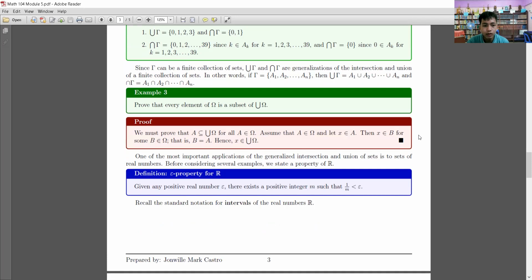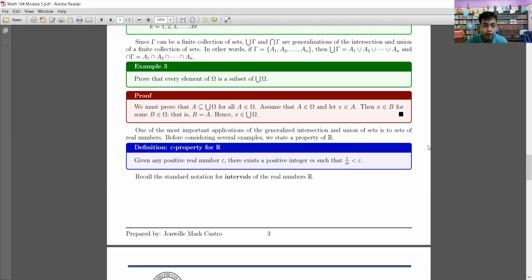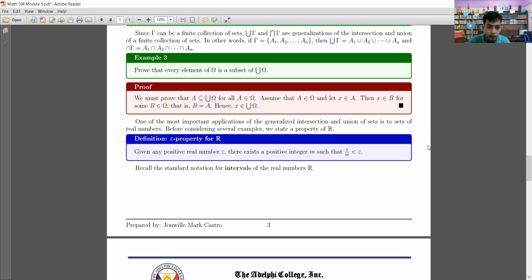One of the most important applications of the generalized intersection and union of sets is to sets of real numbers. Before that, we give a definition.